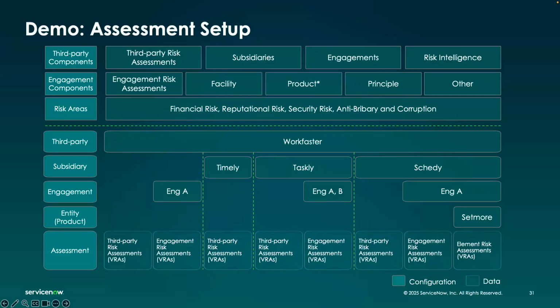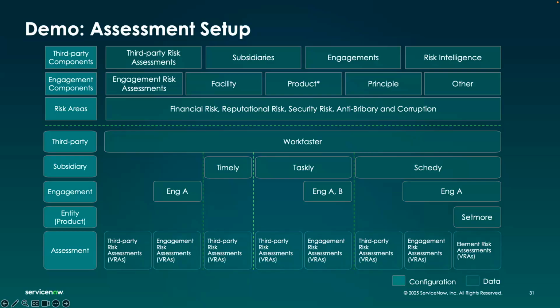To start, at the highest level, we have our parent third-party entity, WorkFaster. Under WorkFaster, we have modeled a realistic organizational structure that includes three subsidiaries, Timely, Taskly, and Schedly.